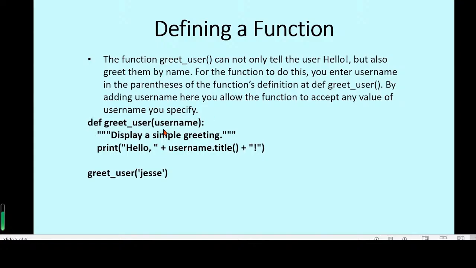So if we want to print a message with a different username, we put a parameter in the parentheses of the function definition. Inside the function, the print message will take this username information and print a message. When we call this function, we have to add a name, for example, Jesse.